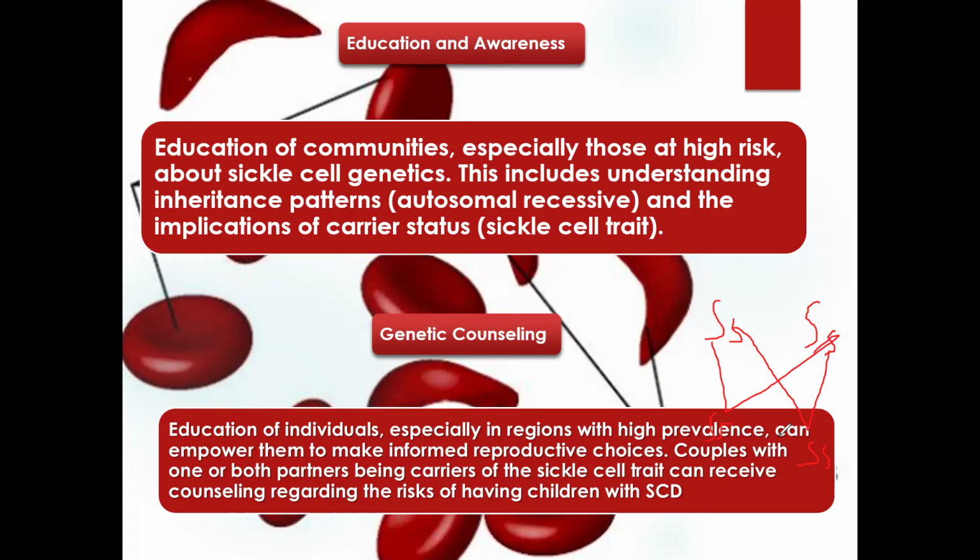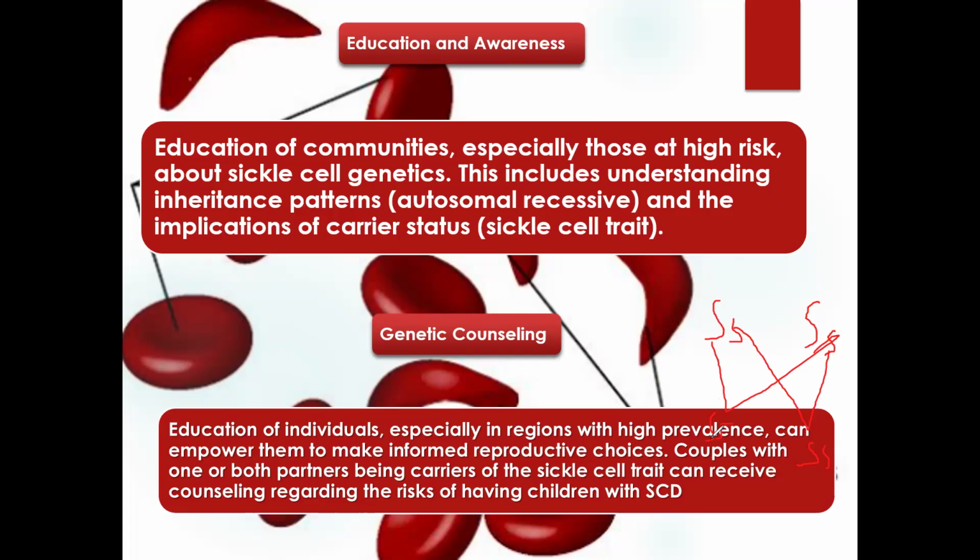So what we mean by autosomal is that you must have gotten the abnormal gene from your father and also the abnormal gene from your mother. But if you have the one good one, you cannot have the disease, but you can be a healthy carrier of the disease. So that is what we mean by autosomal recessive.